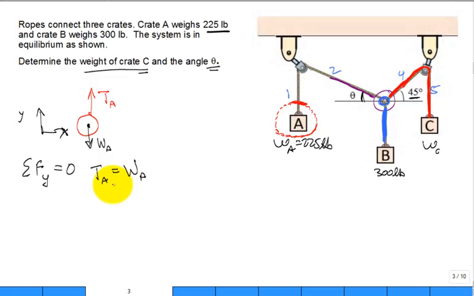Now, I could go over here and do a free body diagram of the ring. True? I isolate it. I bring it over here. This is my free body diagram of the what? The ring. R-I-N-G. I can spell ring.